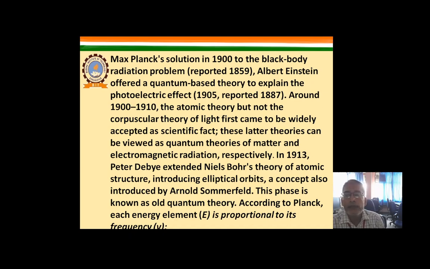These latter theories can be viewed as quantum theories of matter and electromagnetic radiation respectively. In 1913, Peter Debye extended Niels Bohr's theory of atomic structure, introducing elliptical orbits, a concept also introduced by Arnold Sommerfeld. This phase is known as old quantum theory.